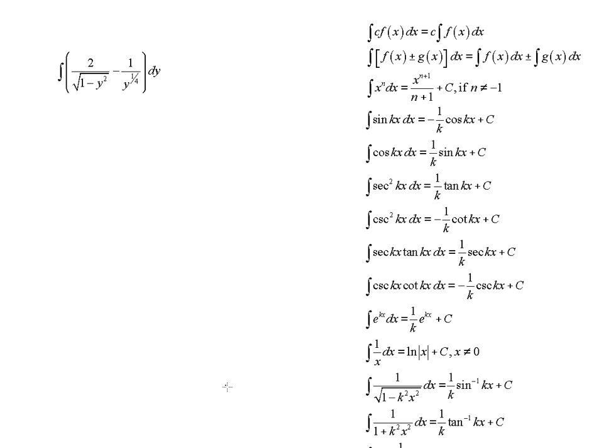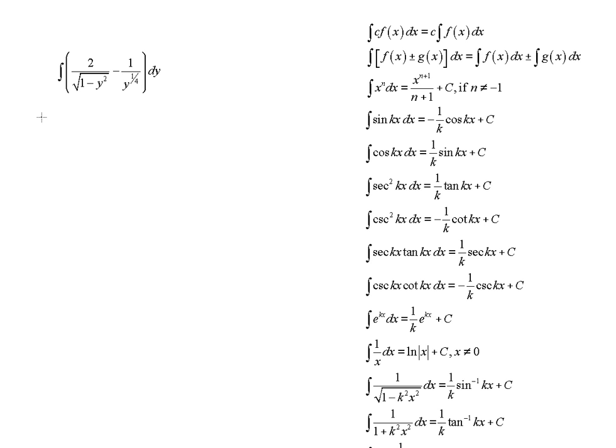Here we have an indefinite integral, and I'll rewrite it a little bit first. We have an indefinite integral of a difference of functions, and we also have a y to the 1/4 in the denominator, so we're going to change that to a y to the negative 1/4 in the numerator.